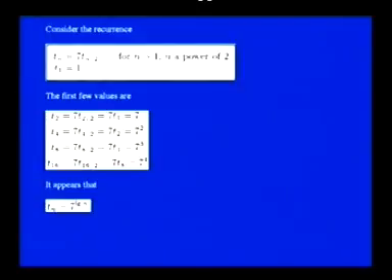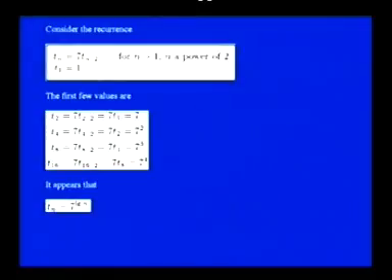Let us go back to our problem solving. This is the recurrence equation of that particular algorithm. Now we will see how to solve it by computing the sequence. Since n is a power of 2, I am starting with 2.